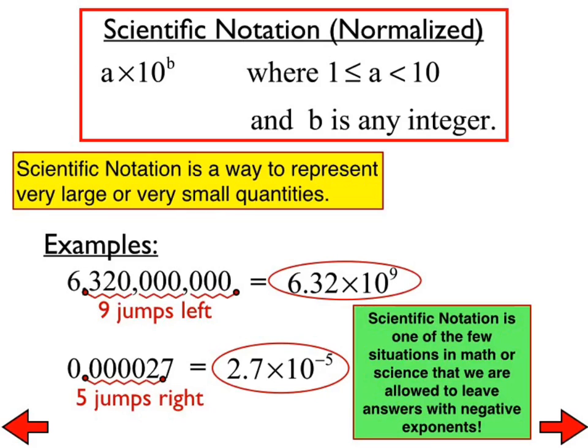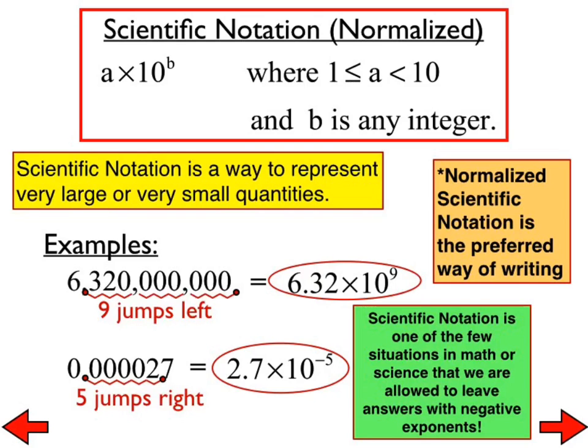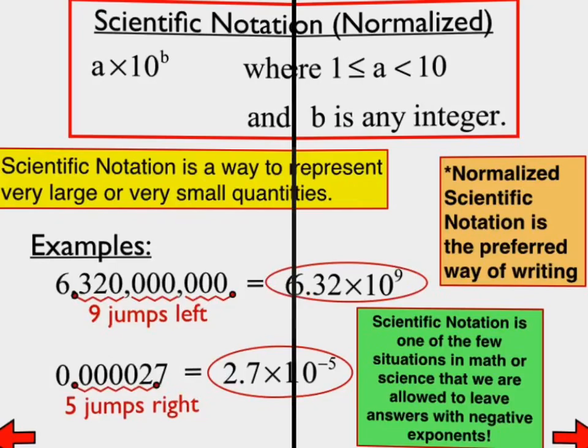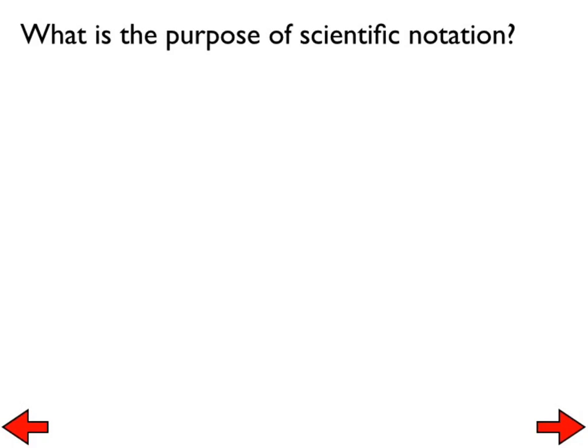I guess before I go on, scientific notation is one of the few situations in math or science where we're allowed to leave answers with negative exponents. Because before today, I have continually made the statement in math, typically we don't leave things with negative exponents. Scientific notation is one of those situations where we do leave answers with negative exponents.